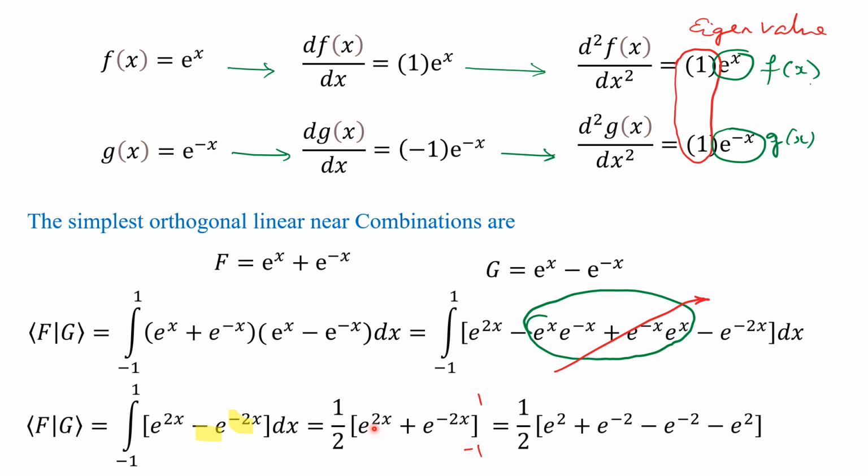When you apply the lower limit, x is minus 1, so naturally that is e power minus 2. Now we can see these terms. First look at these two terms: e squared will get cancelled with this minus e squared. The second and third terms are equal and of opposite sign, so both will get cancelled. So the net result is you will get 0.